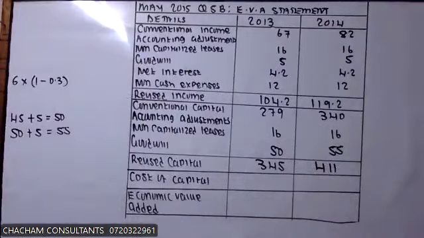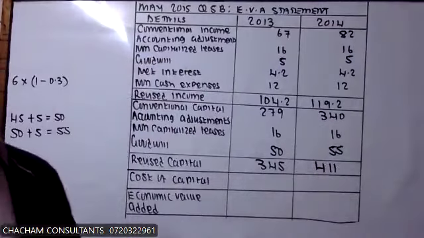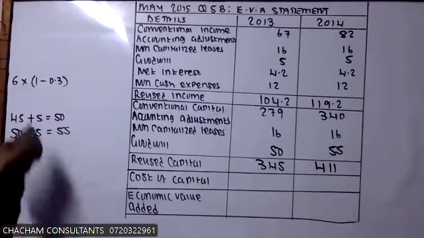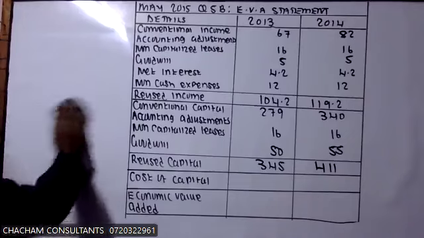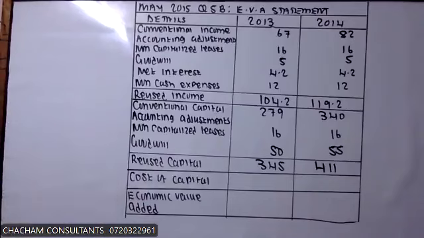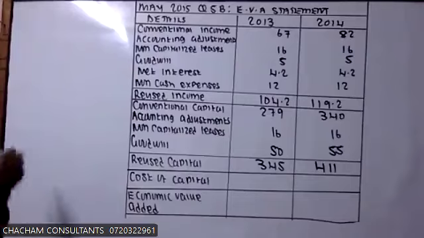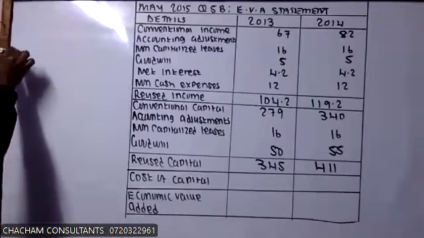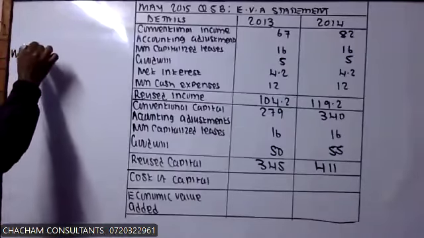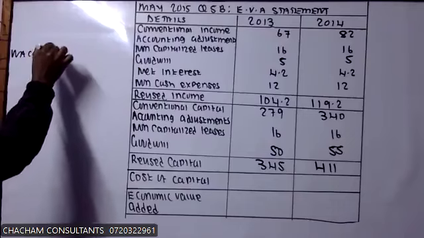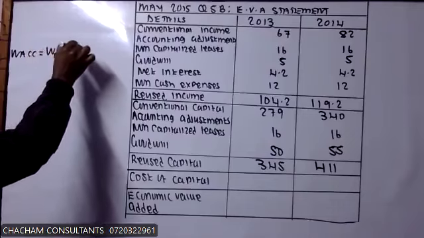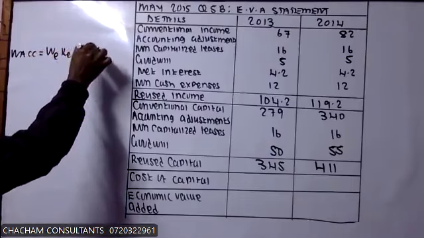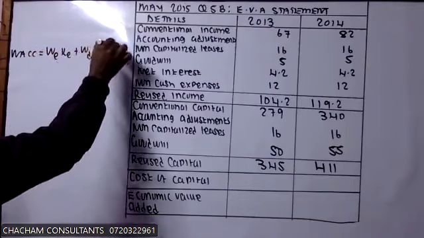Now for the cost of capital, this one is what we call the composite. So composite meaning we have more than one source of capital. So down there in our workings, we need to remind ourselves that WACC is equal to WeKe plus WdKd (1 minus T).